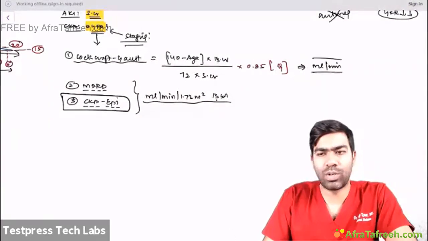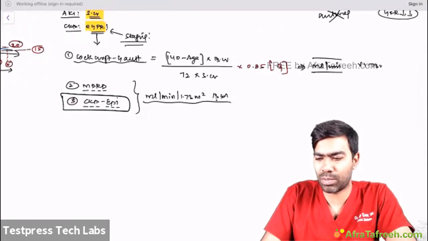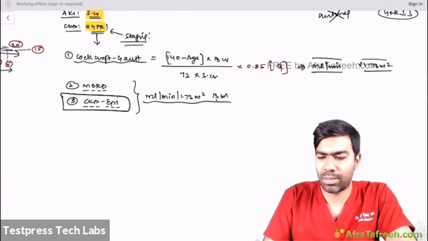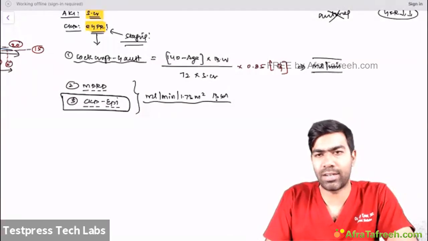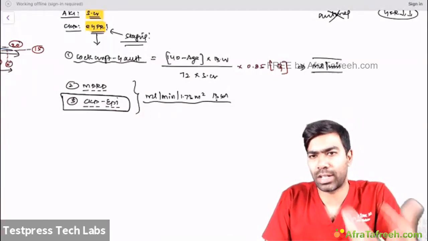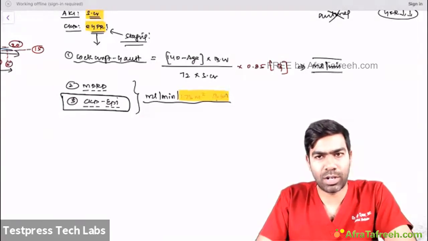Basically you need to calculate it for your body surface area, which means it's not given per 1.73 meter square body surface area. So you have to adjust that for the body surface area. Usually the standard way of projecting the GFR is mLs per minute per 1.73 meter square body surface area only. Based on this, the CKD staging will be done.